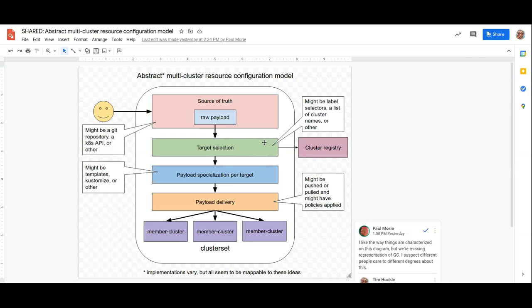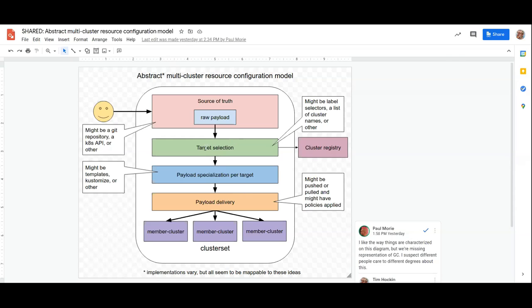So there's some way of saying, I want this raw payload and I want it to apply to these clusters. You need a cluster registry to know which clusters are eligible. Abstractly, the cluster set is the grouping of clusters, and it's going to be stored somewhere. I expect over the next year we'll see some interesting implementations of these ideas.